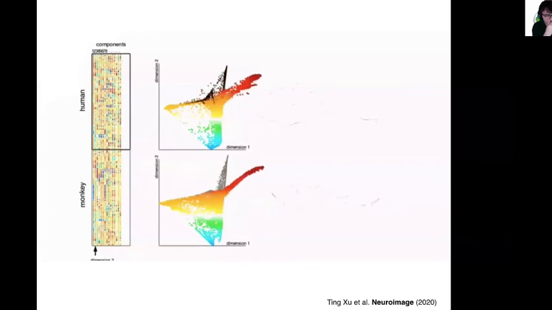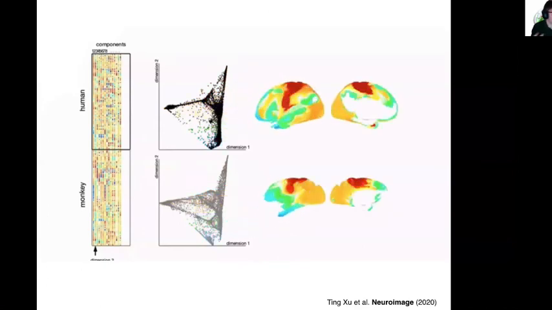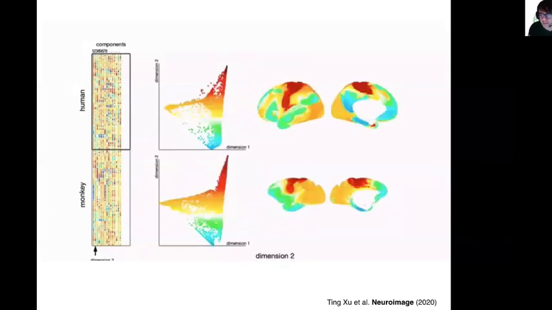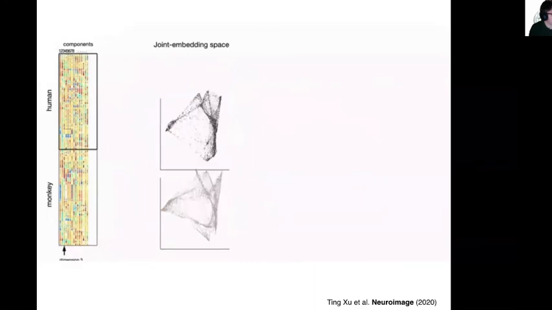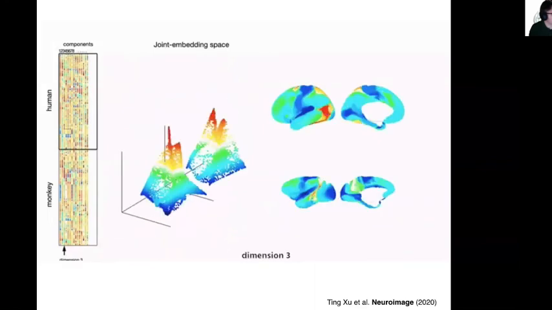Then you can repeat the same experiment with the second dimension. And here you see, along the second dimension, the areas that have an equivalence between humans and macaques. And then you can have a look at a third dimension and again reproduce what I just described by projecting it back onto the brain of the human and the macaque.